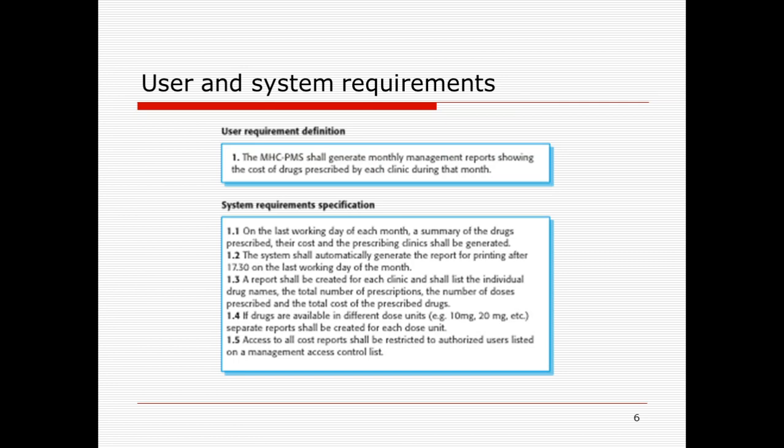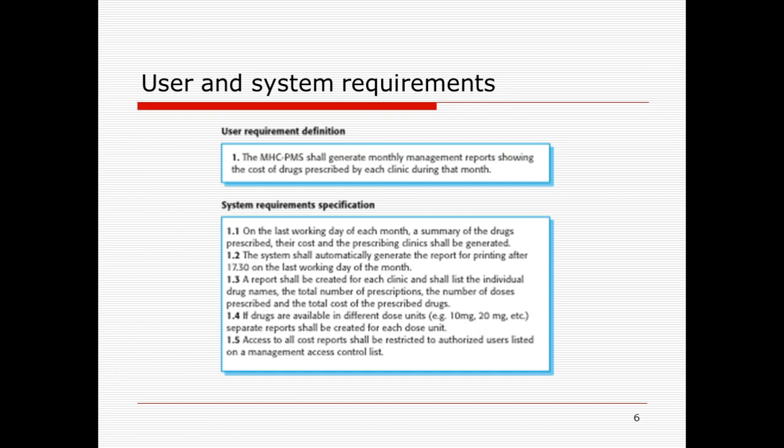Okay, 1.4: if drugs are available in different dose units, for example 10 mg, 20 mg, etc., separate reports shall be created for each dose unit. 1.5: access to all cost reports shall be restricted to the authorized users listed on the management access control list.